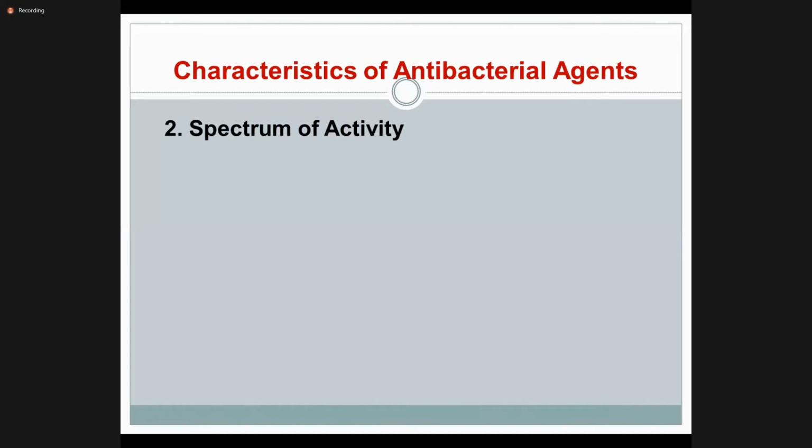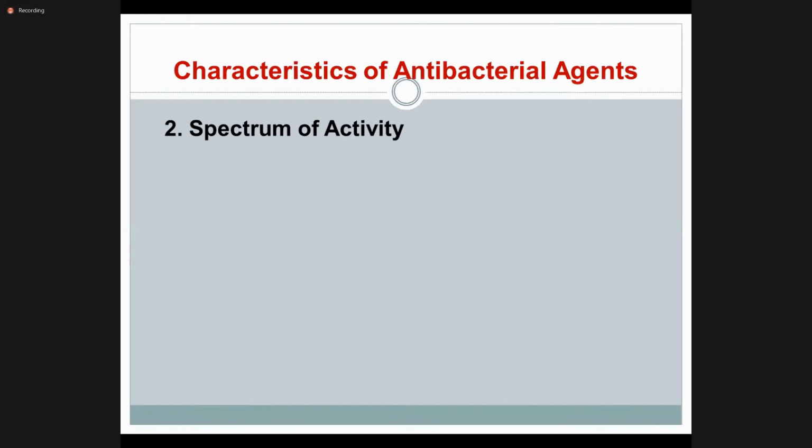In an emergency situation, if a patient comes to the emergency department with severe infection, the antibiotic that we select should have broad spectrum activity. Why?